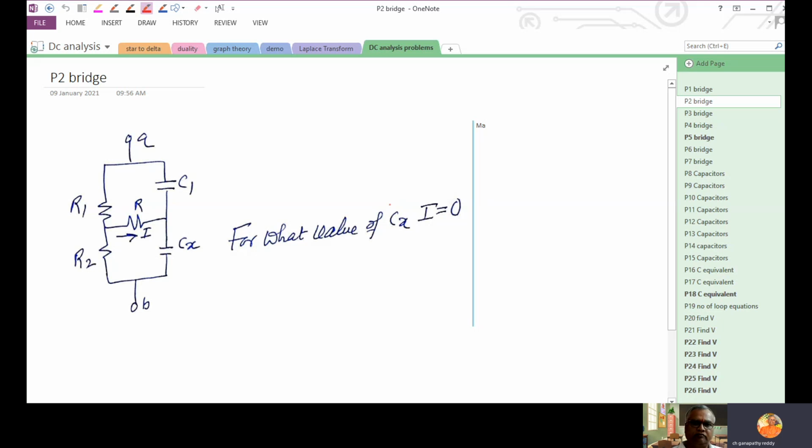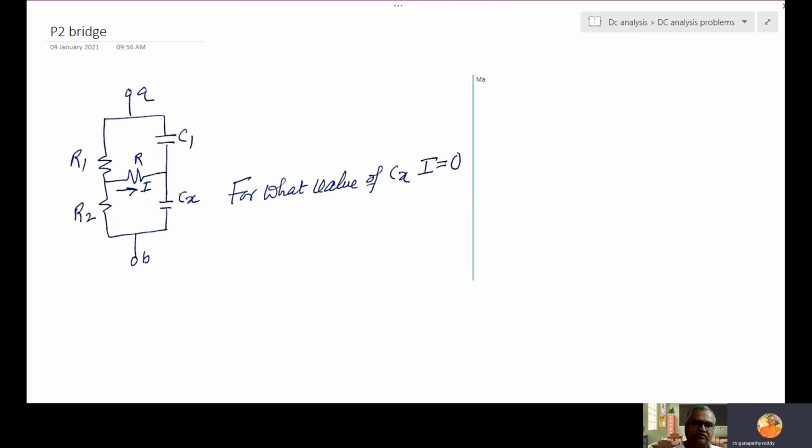Now, second problem. For what value of capacitor Cx, the current I in the resistor is equal to 0? This current will be 0 if the bridge is balanced, when the product of opposite arms are equal.